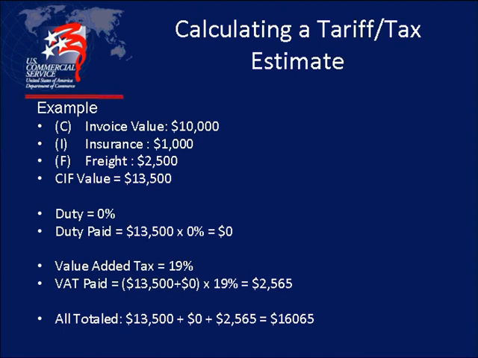It's like a sales tax. And, of course, they're used to paying those sales taxes for things within the country, so it doesn't surprise them when they have to pay it on goods that are imported from outside the country. So the total then is the $13,500, nothing for the tariff or duty, $2,565 for the VAT, and the total of $16,065 is the total landed costs.